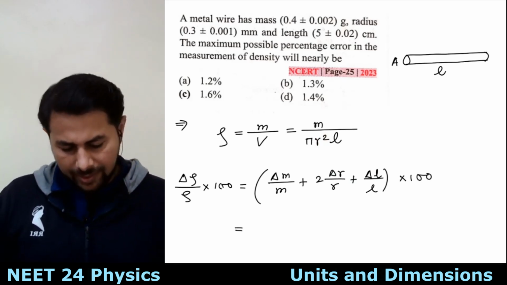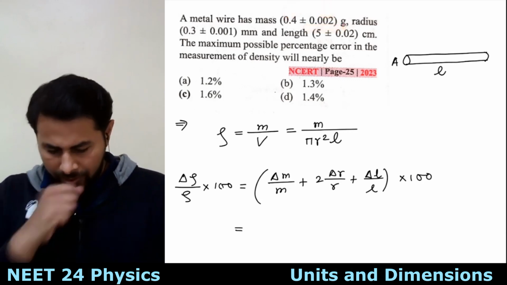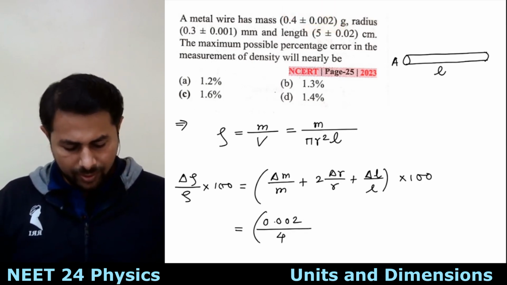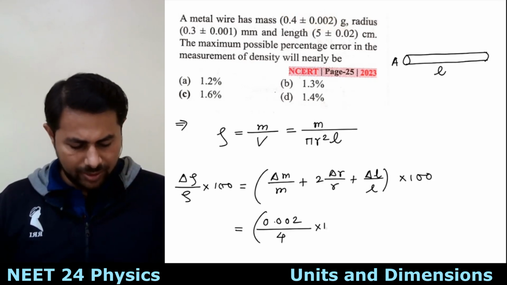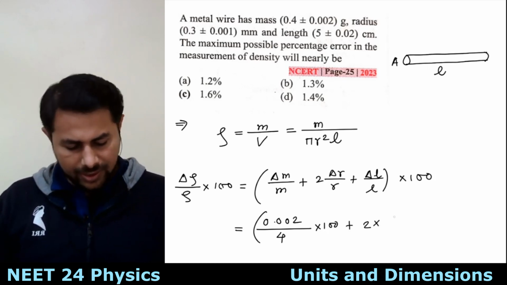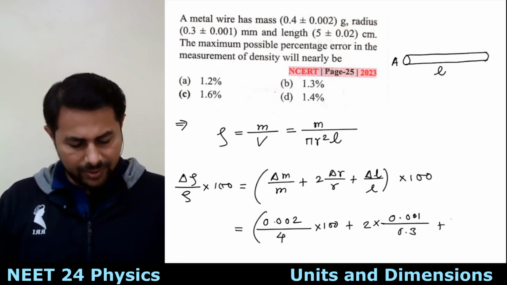So what is delta m? This is m, this is delta m, right? 0.002 divided by 0.4. Okay, and let's multiply out with 100. Okay, plus 2 times of delta r by r. So delta r is 0.001 divided by 0.3 plus delta L by L. Okay, this thing also multiplied by 100.